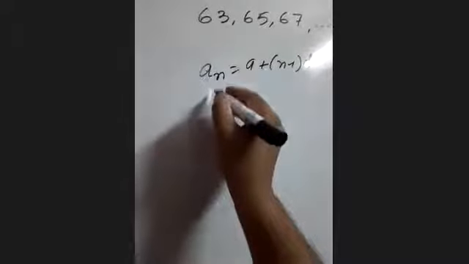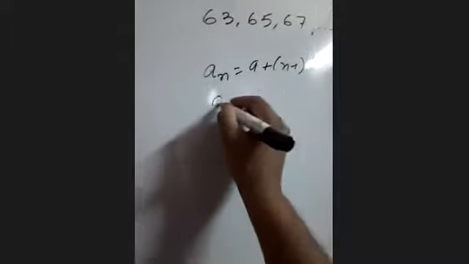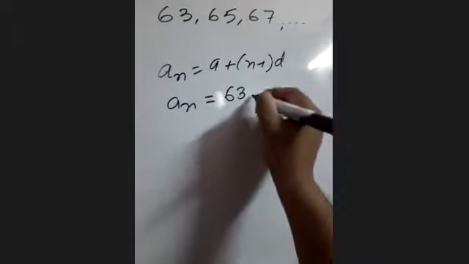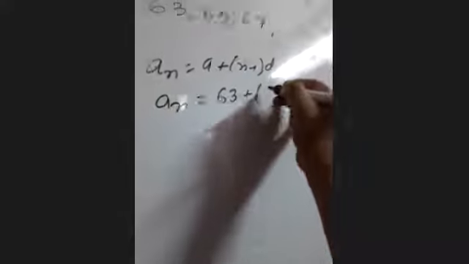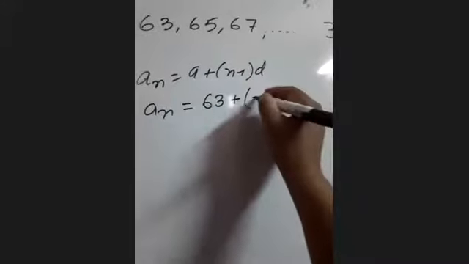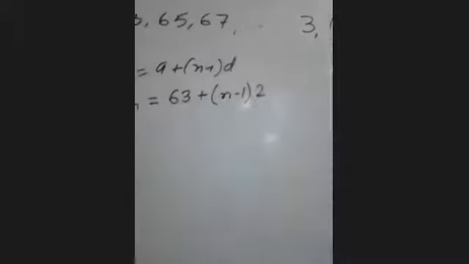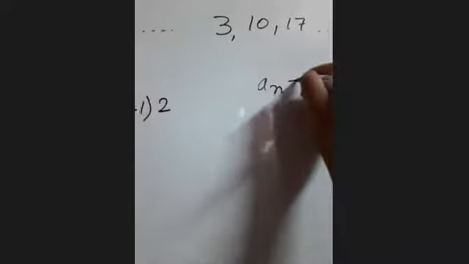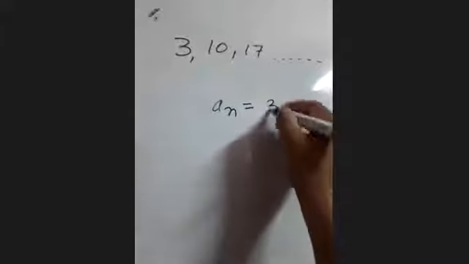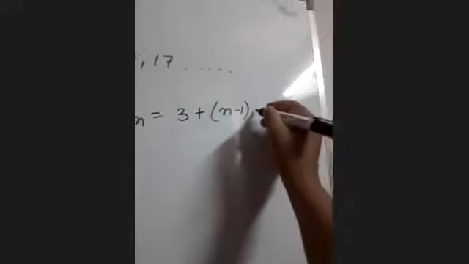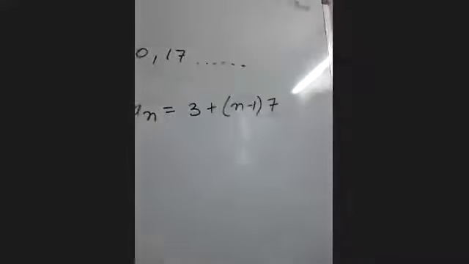So an equals a, which is 63, plus n minus 1, we don't know n so we keep it the same, and d is 2. Now for the other, an equals a, which is 3, plus n minus 1, and d is 7.